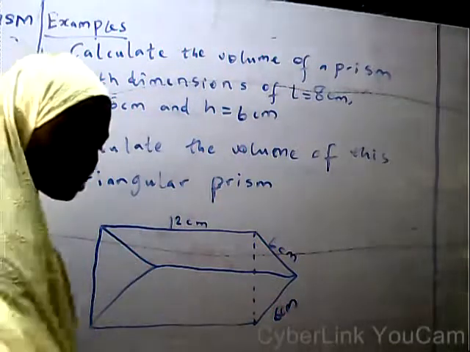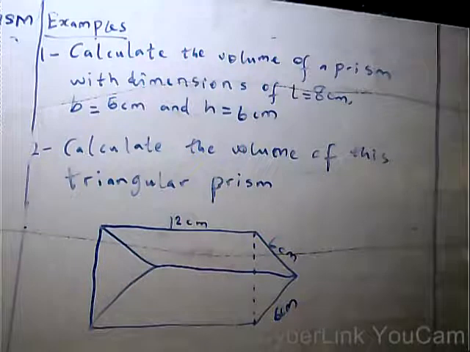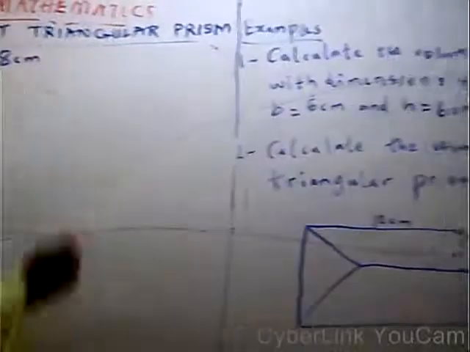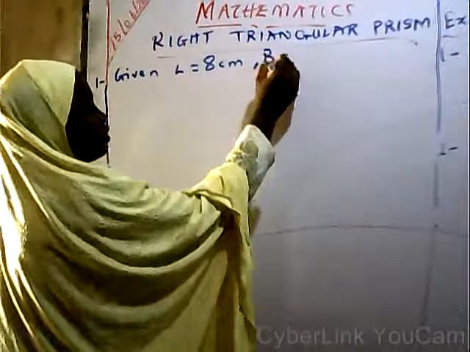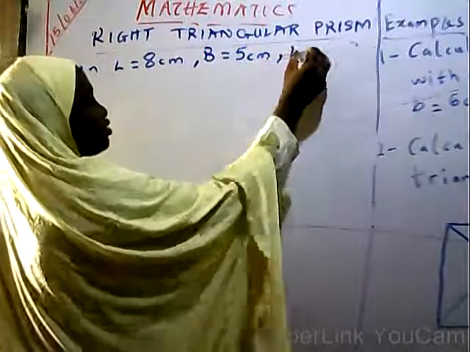Now let's check this one after the other. Question 1. We are given our length to be 8 cm, our breadth to be 5 cm, and our height to be 6 cm.